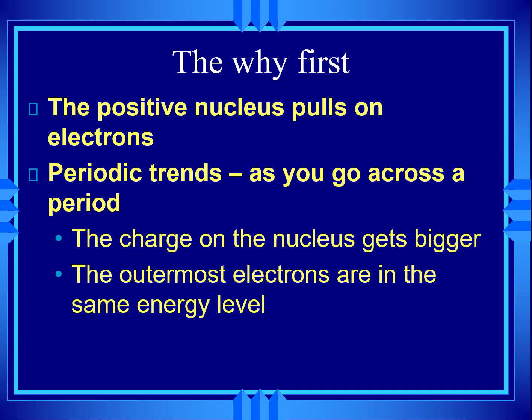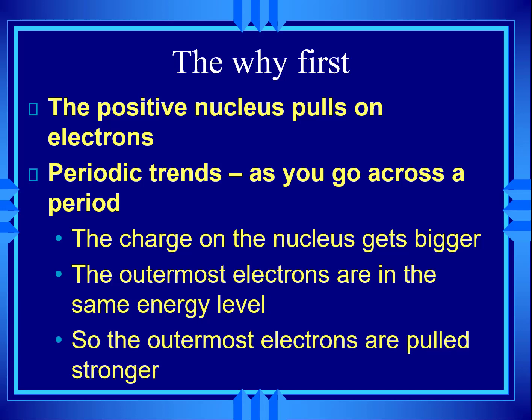They have more protons, so there's a bigger pull, but that bigger pull is affecting the same energy level. So that means the outer electrons are pulled stronger. They're pulled more because you've got more positive charges as you go across.